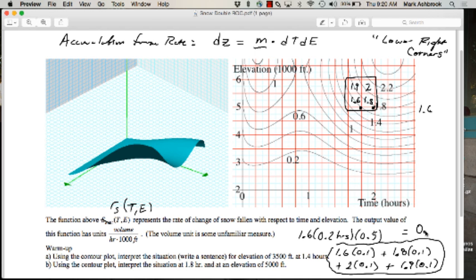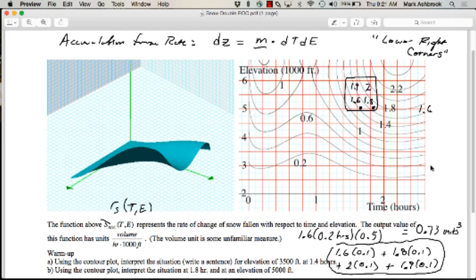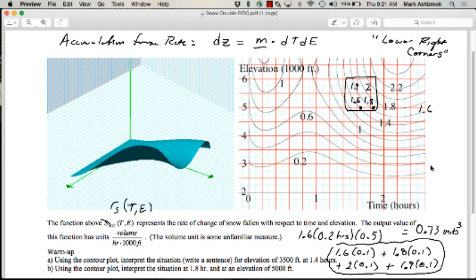And so it's units cubed, some volume. That's not exact, right? That's an estimate based on how we estimated the constant rates.